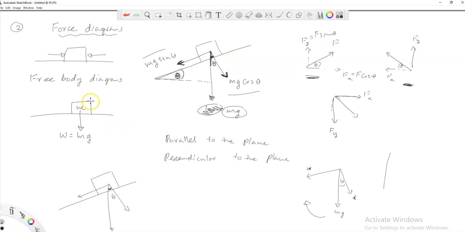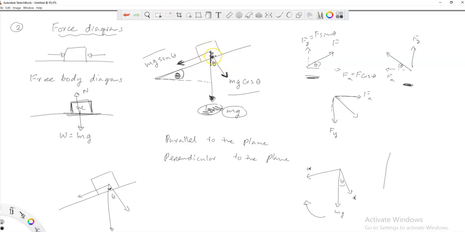See over here, in this simple case, the entire weight is pressing the object against the surface. So the surface creates the normal force, which equals mg. Now over here, not the entire mg, but mg cosine theta is pressing the object against the surface. This is what acts like a weight against the surface, right, against the plane.